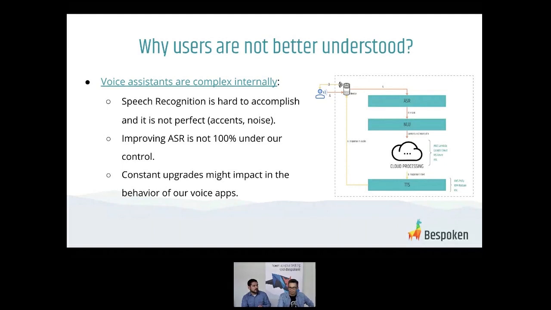Because you can add sample utterances for your intents, but there are always going to be users that try to use your skill differently. So in those cases, voice assistants are going to rely on statistical models. They are going to try and guess what the user is trying to do, or what its intent is.